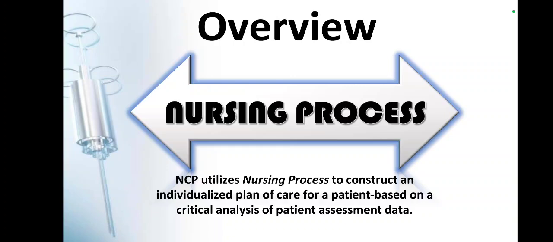After the diagnosis, we will now plan activities and set goals. We'll plan specific activities, whether independent, interdependent, or dependent nursing interventions. The goals should be SMART: specific, measurable, attainable, realistic, and time-bounded.